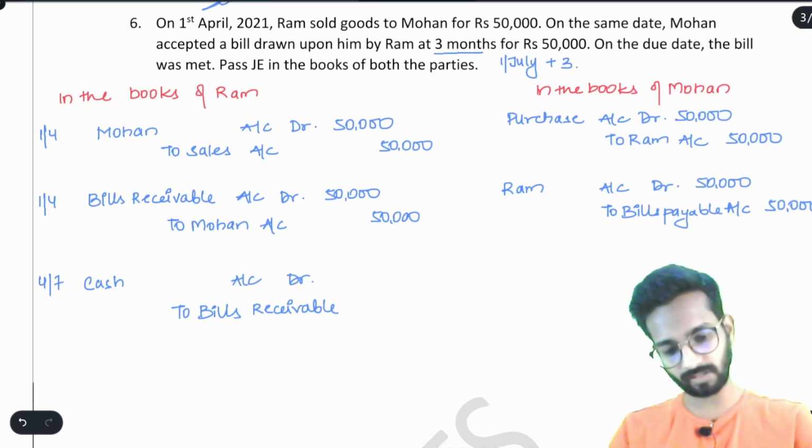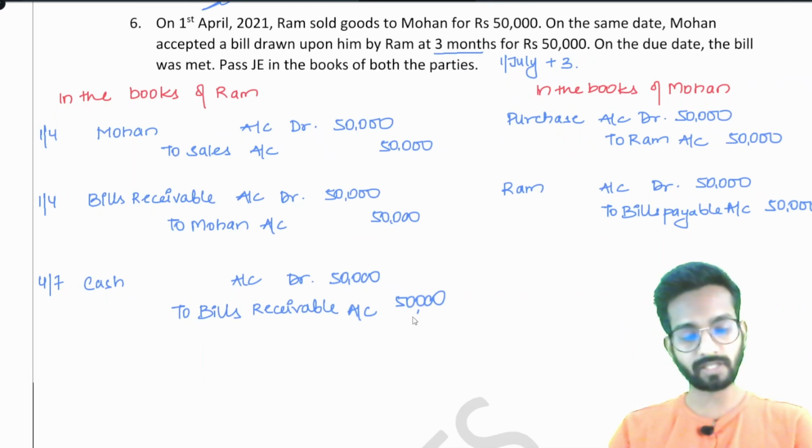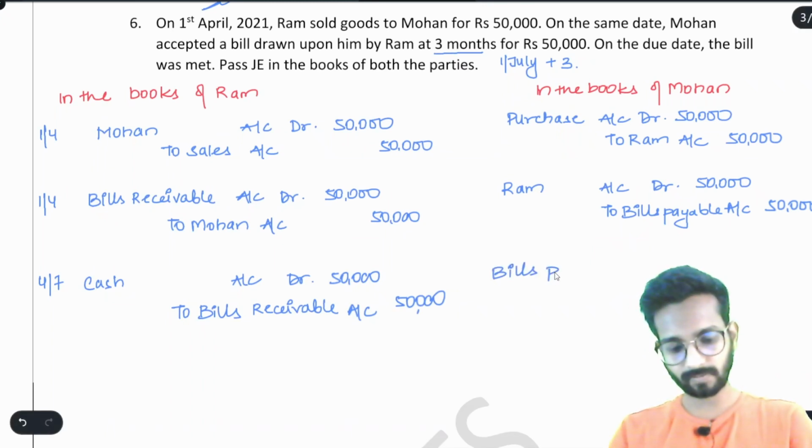To bills receivable account, 50,000 and 50,000. After this, according to Mohan, think what has happened. His new liability is bills payable account, so he will pay the bills payable. Bills payable account debit. He will pay, means to cash, because cash is decreasing.